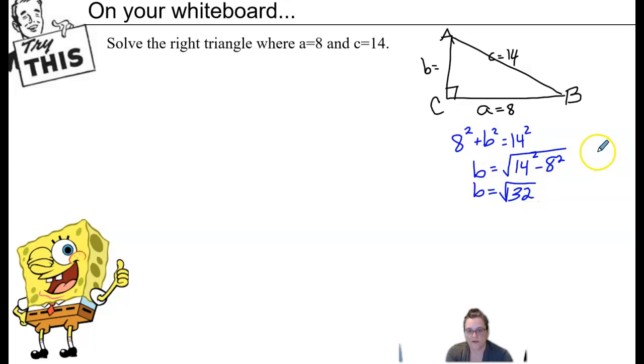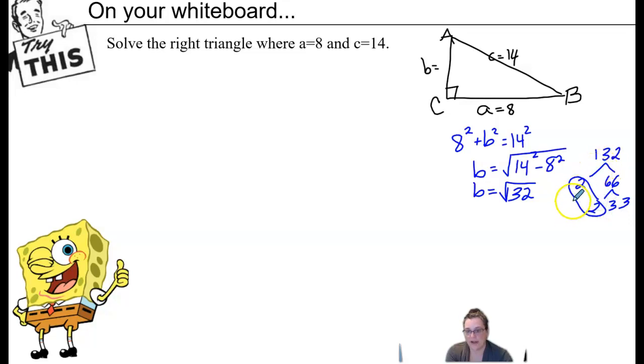And I want to simplify that radical completely. So I'm going to break down my 132 in a factor tree. So 132 is 2 times 66. 66 is 2 times 33. And 33 is 3 times 11, which isn't going to give me another pair of values I can pull out.